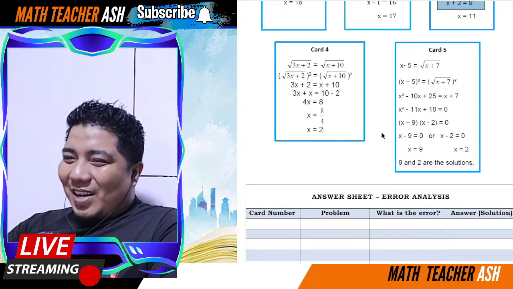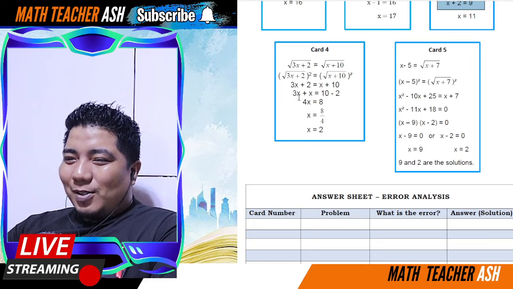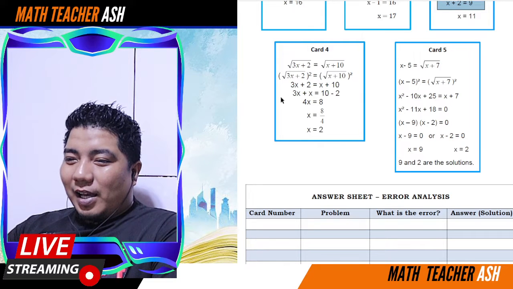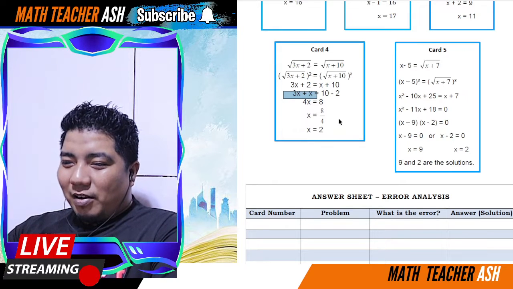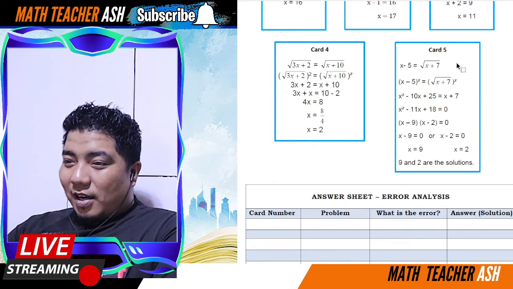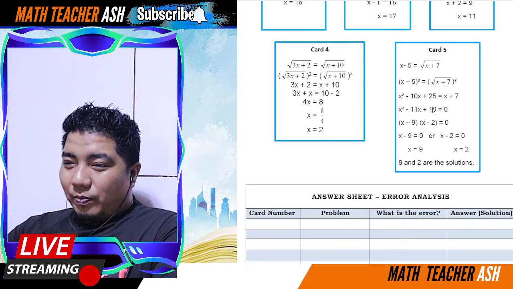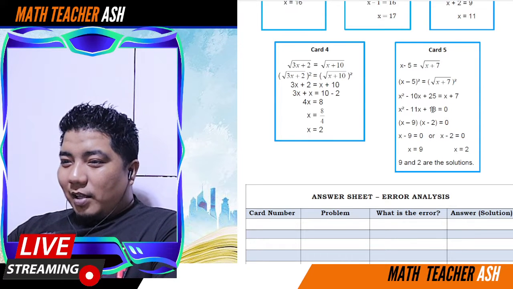Okay. Now, card number 4. Square both sides. Bring down 3x plus 2. Bring down x plus 10. Lipat natin. Yan. Ayan. Mali na ito. Okay. So, there is something wrong here. Next. Card number 5. Okay, tingnan natin.